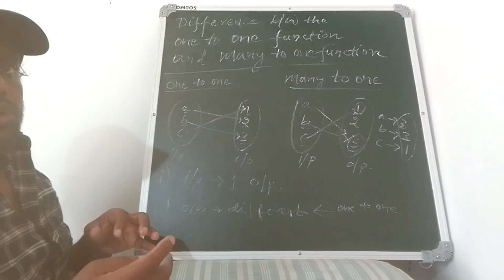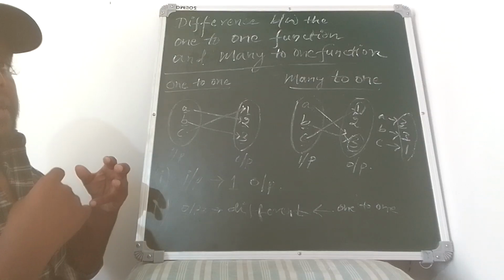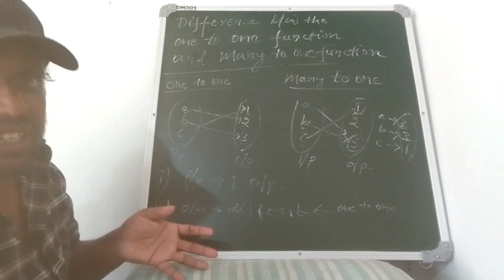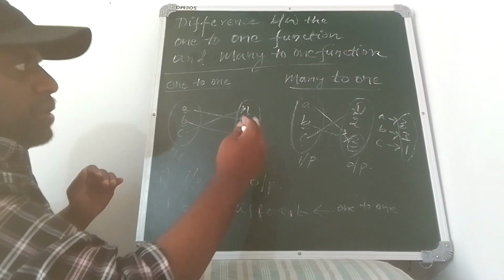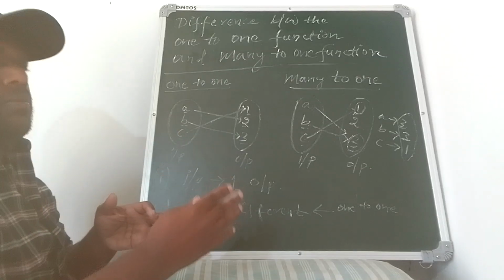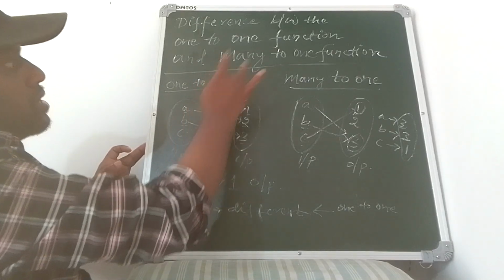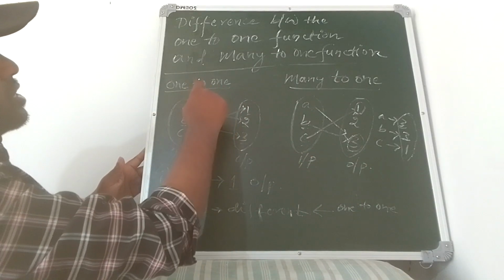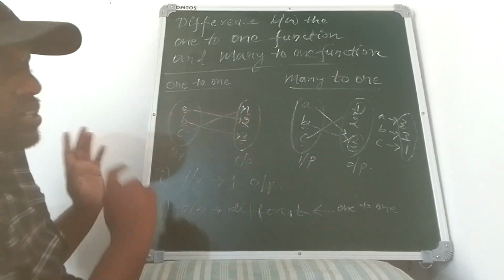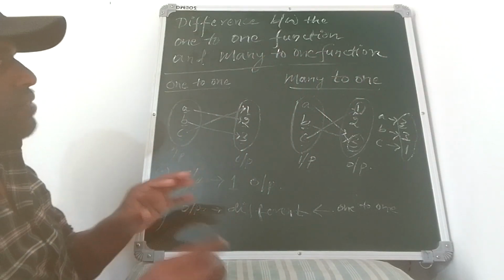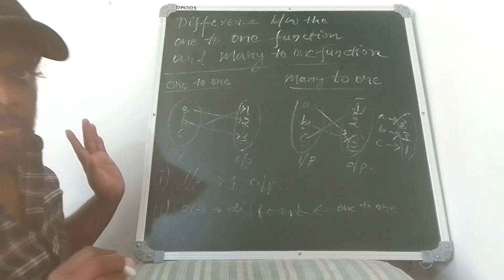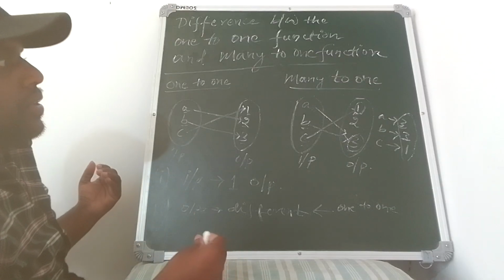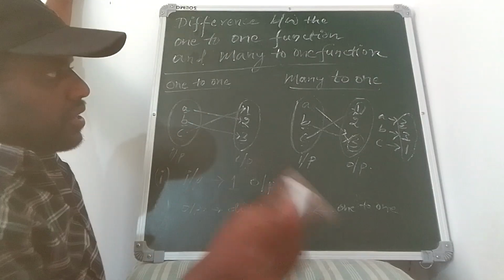I am telling you this difference to understand, because whenever they ask a question, like find which of the following is a one-to-one function or many-to-one function, or give an example for a many-to-one function, or they give one example and ask whether it is a one-to-one or many-to-one function, if you know this difference, you can easily identify which is which, and you can give an example also. So I hope you got it.